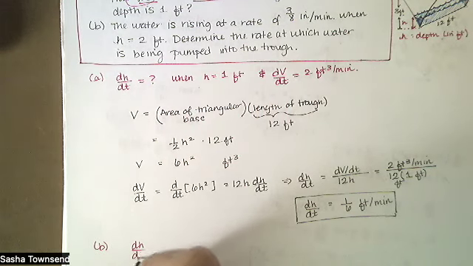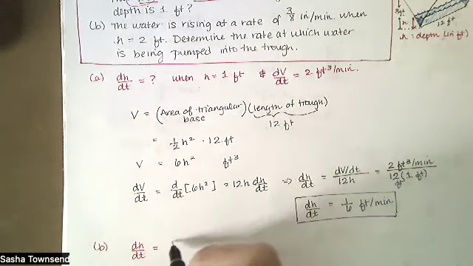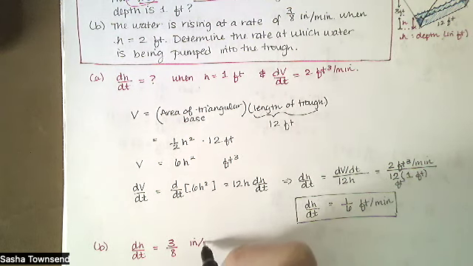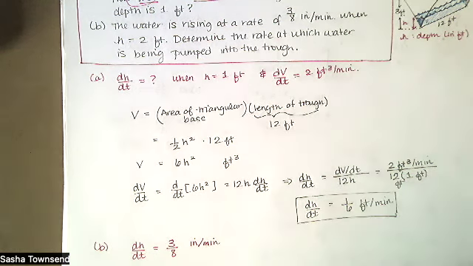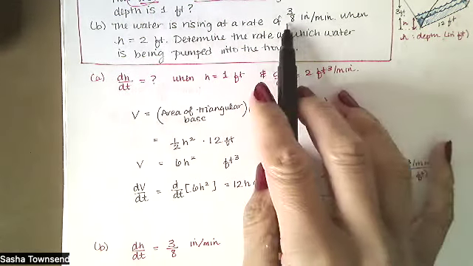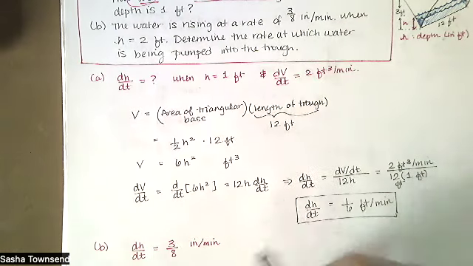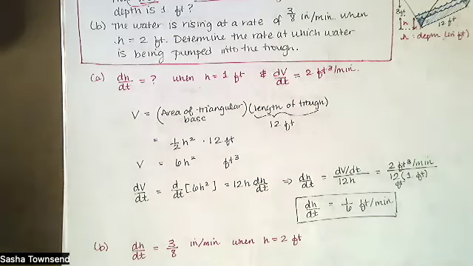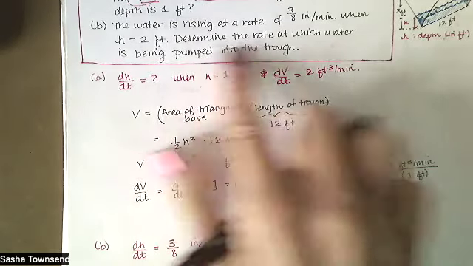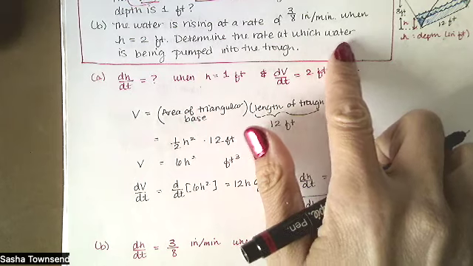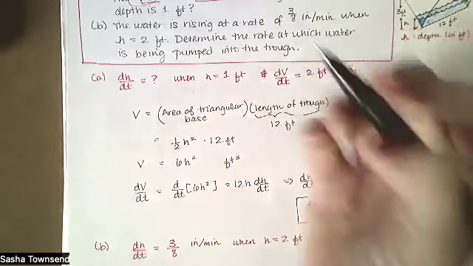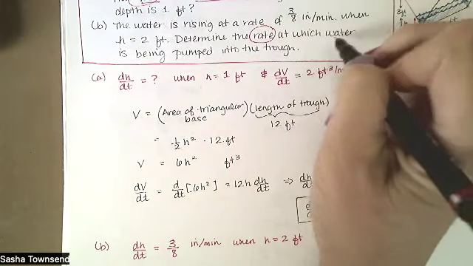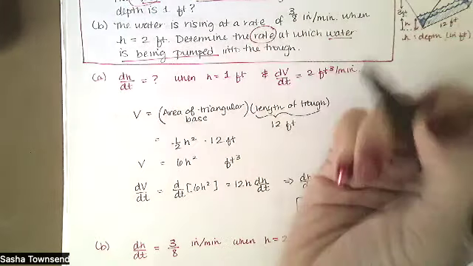So dh/dt is 3/8 of an inch, when height is equal to 2 feet. Notice we've got inches and feet, so we're going to have to do some conversions there. Determine the rate at which water is being pumped into the trough.